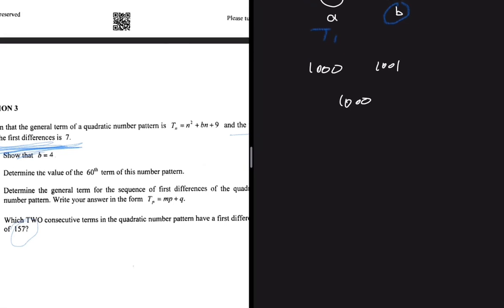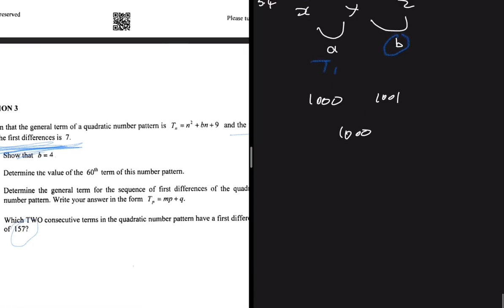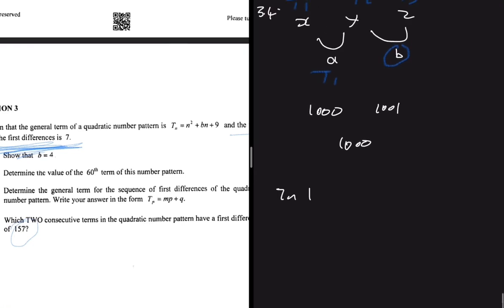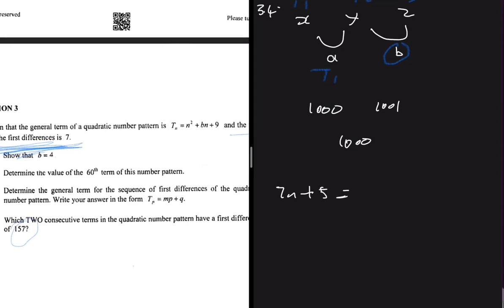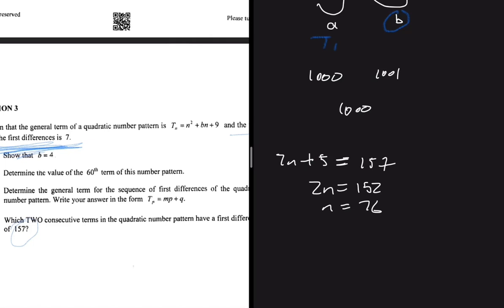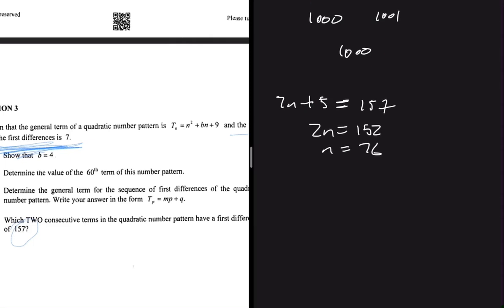Because we have the formula for the first differences, which is 2n plus 5, we can equate it to 157 so that we can find n, which is the position of the number. If we do that, we're gonna get 2n is equals to 152. Divide both sides by 2, which will get 76, right? So now we know that 157 lies between term 76 and term 77.